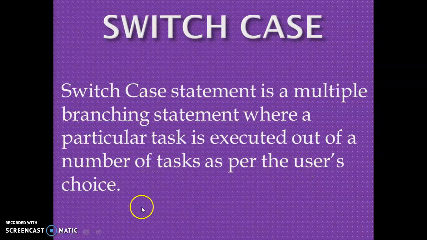There are a number of options given. This is the switch case statement. So here we can use multiple conditions, and from these multiple conditions we can execute any one according to our choice.